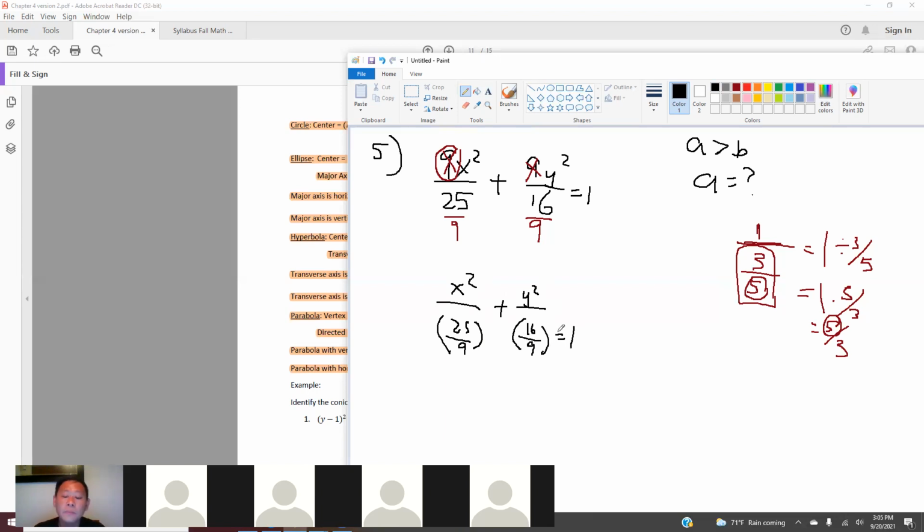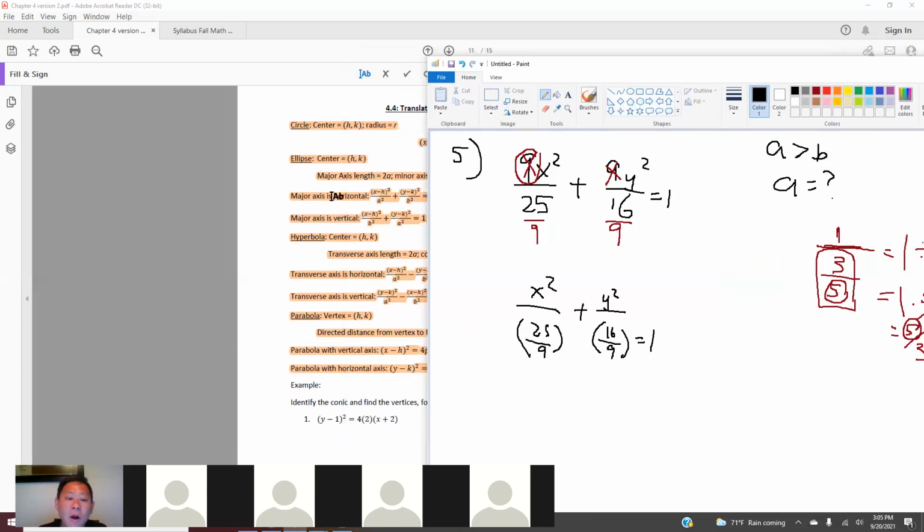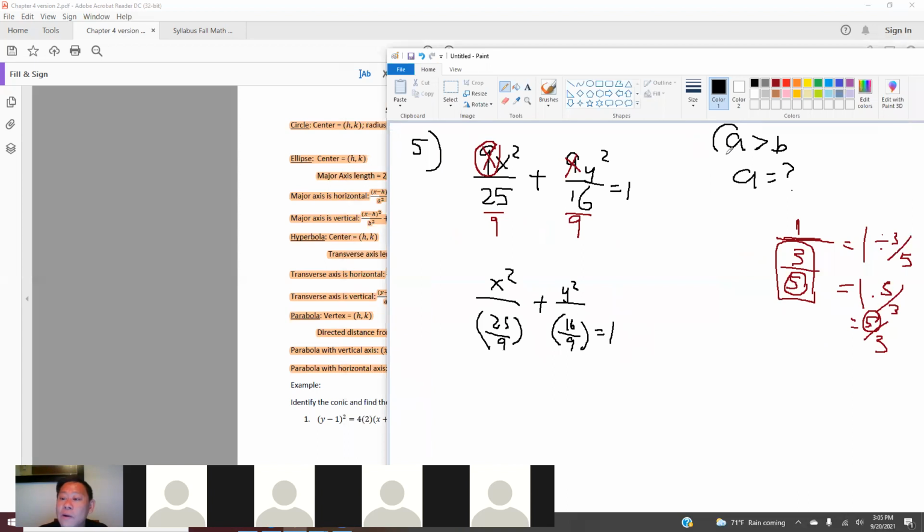equals 1. Now, in order to figure out whether it is horizontal or vertical, you have to figure out which one is your A and which one is your B. And how do you figure that out?